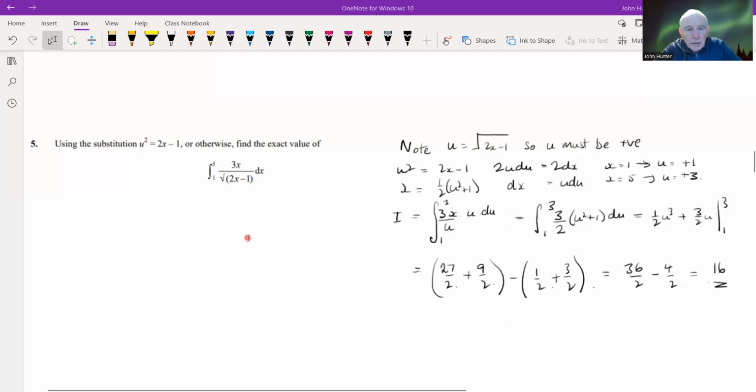I think there's a potential issue when you change the limits, if you have square roots involved, as to whether it's actually a negative or a positive square root. But in this case, we're using u squared equals 2x minus 1.